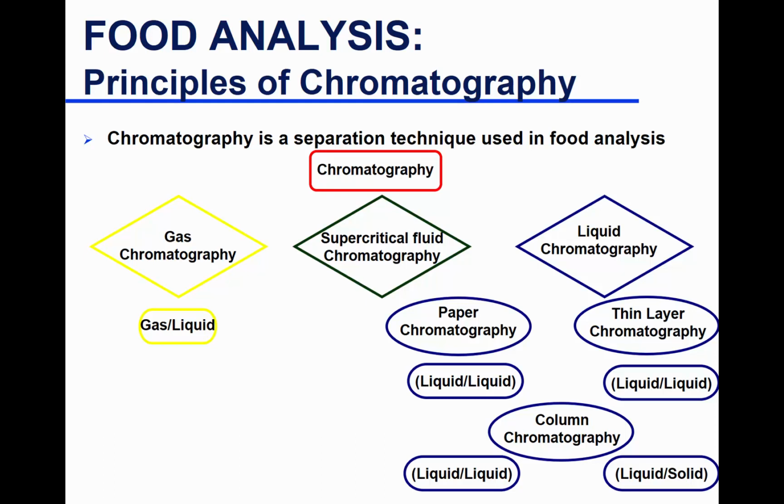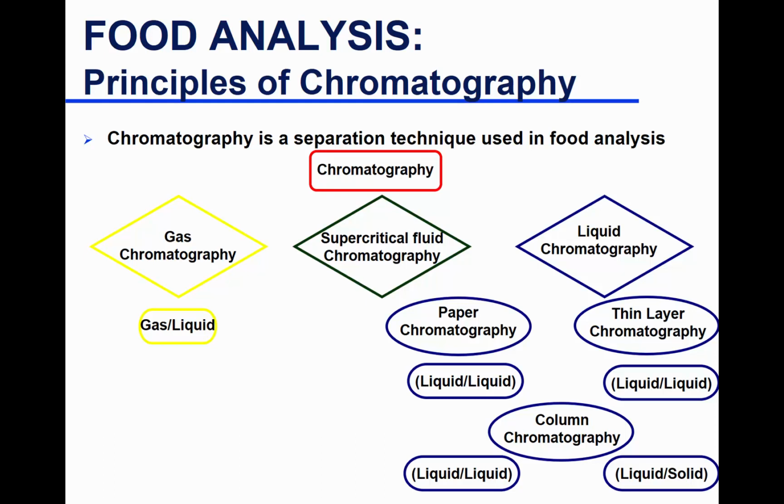And in gas chromatography nowadays, mostly your column is packed with an inert material and has a liquid coating. There used to be just the solid material with no liquid coating, a solid stationary phase. But nowadays applications mostly have an inert solid and a liquid stationary phase in gas chromatography.